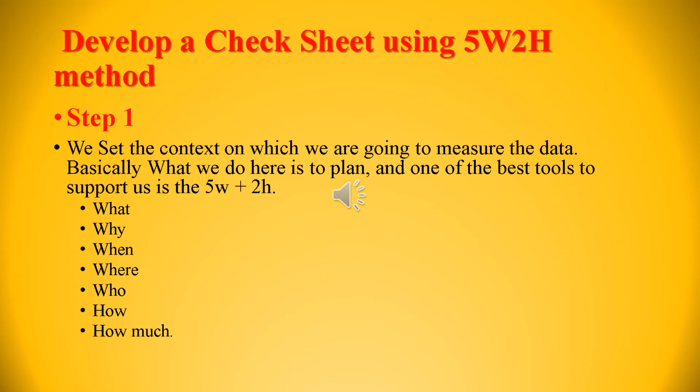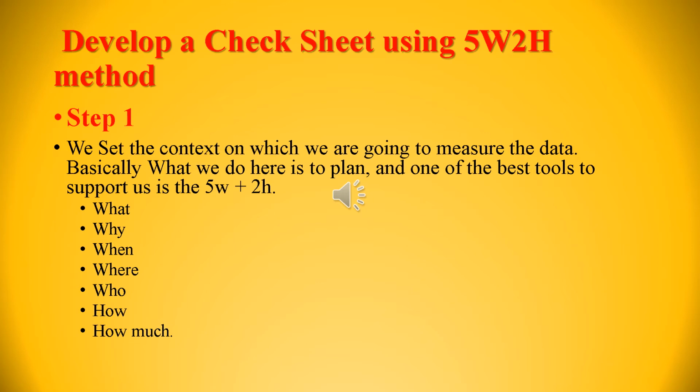First you ask what you are going to do, then why, where is the place, when you are going to collect that data, who is going to do it, and how, the method you are going to use. Finally you show the how much: how many times, and how much expenditure you have to bear. This information is all related to each other.